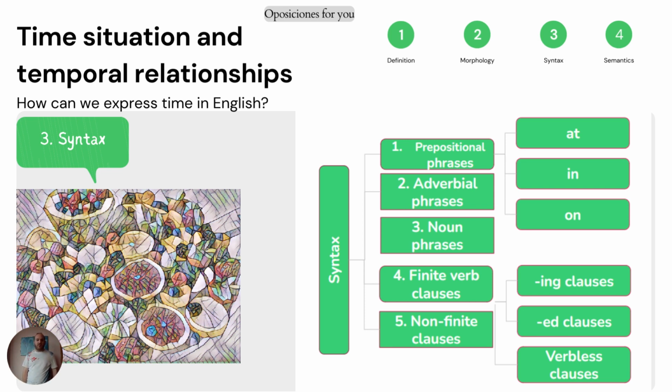Prepositions in English can be problematic for Spanish students, so it is important to teach our students when to use them. At is used to express precise time, public holidays, moments in time, such as at the moment or at night, and points within a larger period of time, such as at the age of 21.